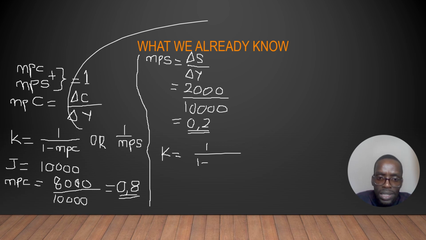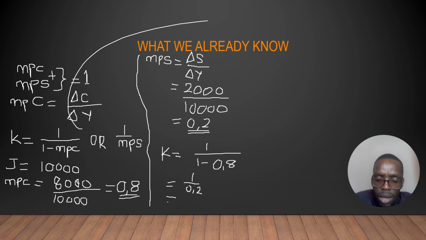Our MPC in this case is 0.8, so it means 1 over 1 minus 0.8, which is 1 over 0.2.